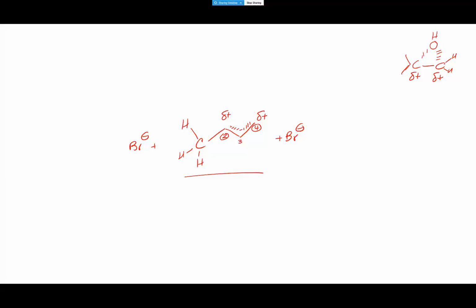Is it the secondary or the primary that reacts faster? Okay, well, that's for free radical halogenation, but we still have a secondary versus a primary system here. So the same thing could be true. Which one is it going to react fastest with, do you think?